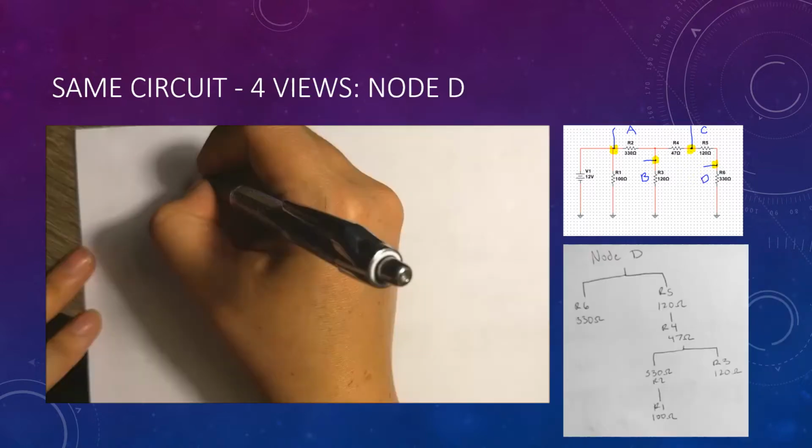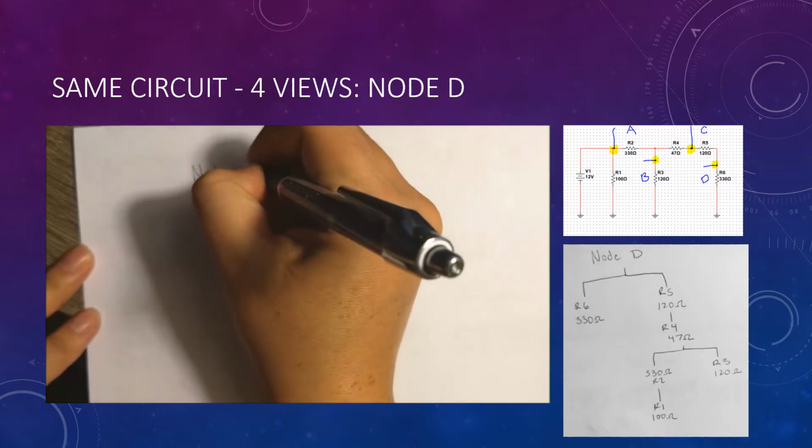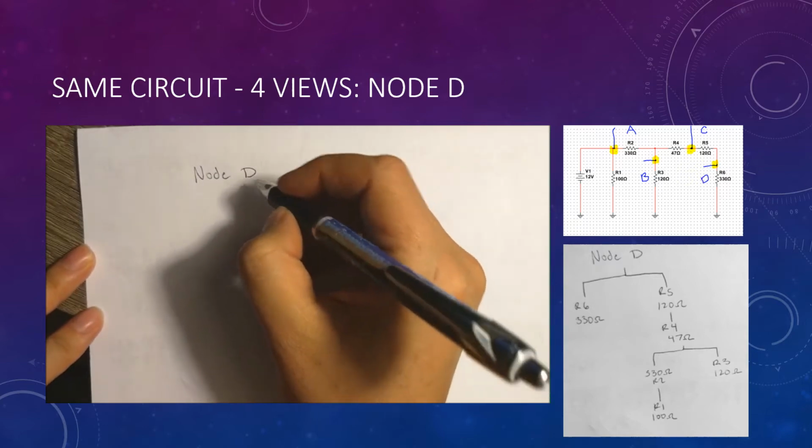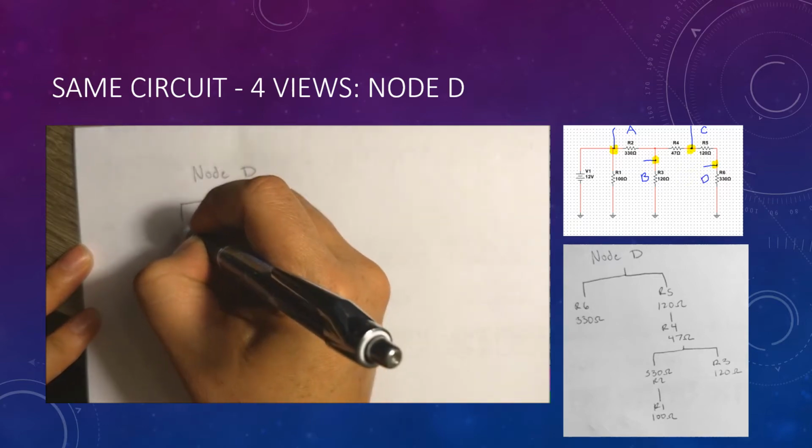Last but not least, node D, with the same circuit, we will begin drawing this out. From node D, we can see that we have two branches.